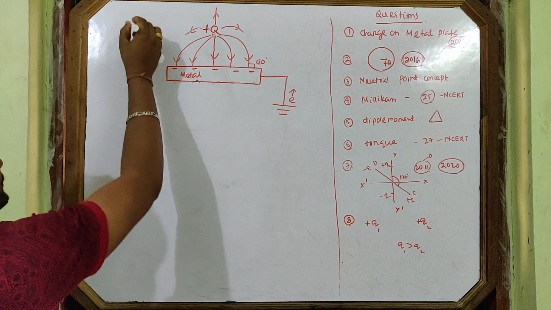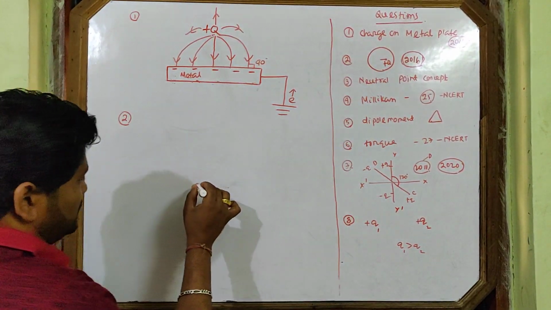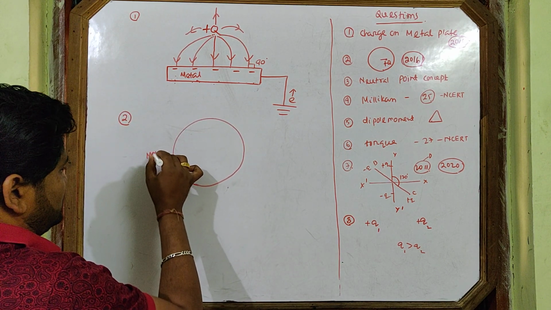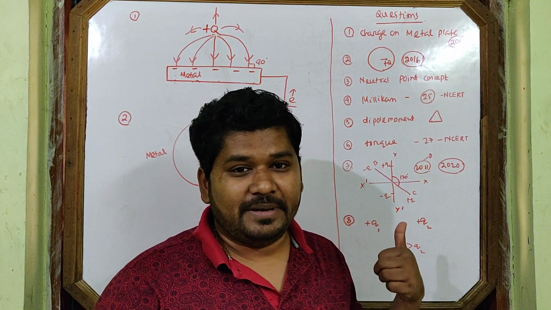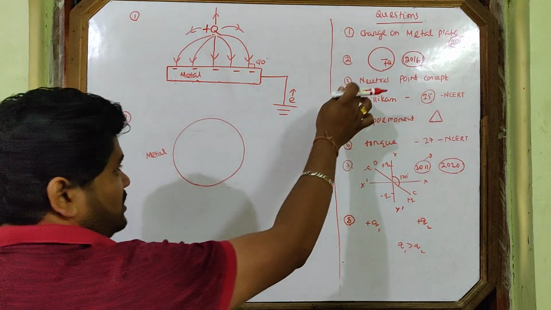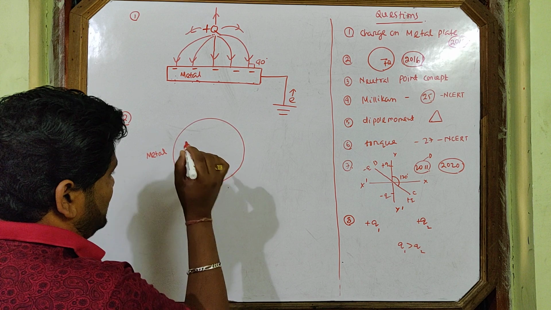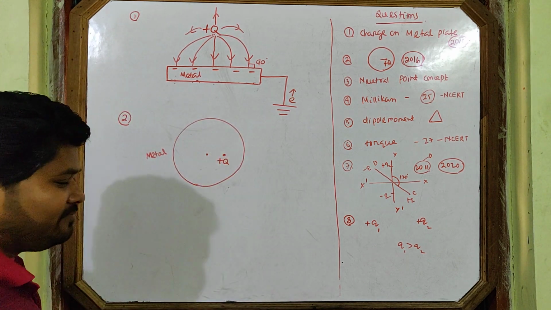Question number 2. Now you see concept number 2 here. This is also a metal plate. This question came in the 2016 CBSE sample paper. It's also an important question, but it has not come in a board examination till now; it may come in the future.